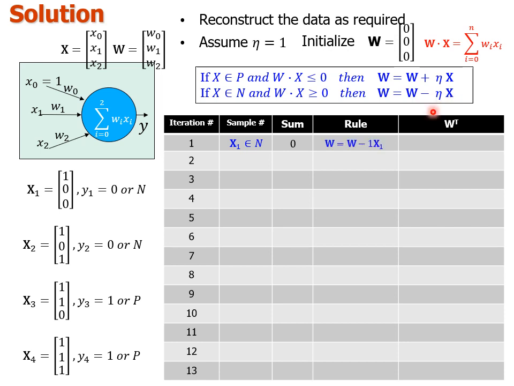So original w 0 0 0 minus eta, which is 1, into the vector x1. So the new vector comes out to be minus 1 0 0.